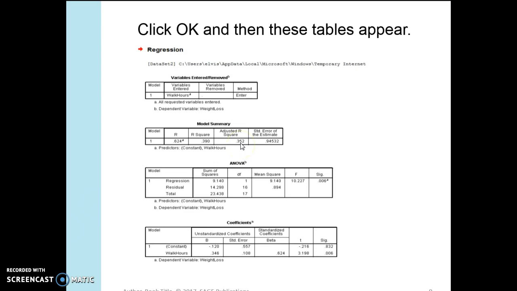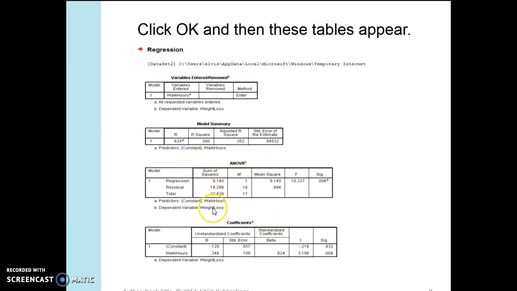You didn't have enough values, so it's really 0.352. So they've got a little exponential way of taking some points away from your R square. I don't know that it really matters which one you use. I guess adjusted R square is the best one to use. The standard error of the estimate is 0.94532.